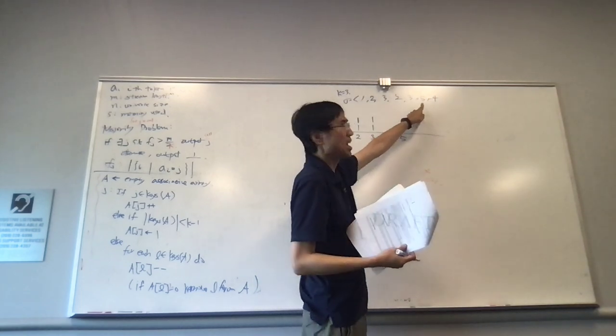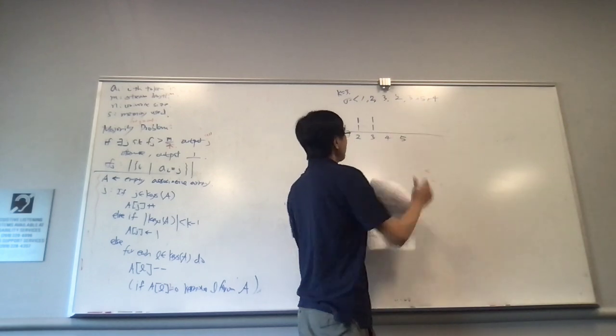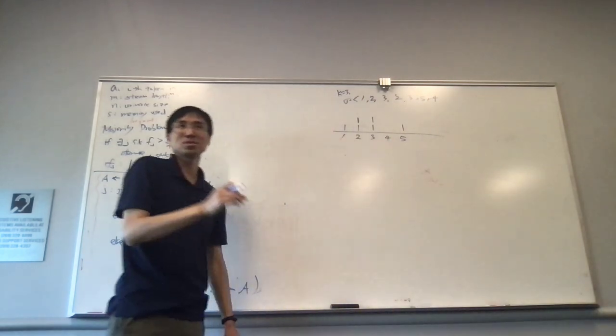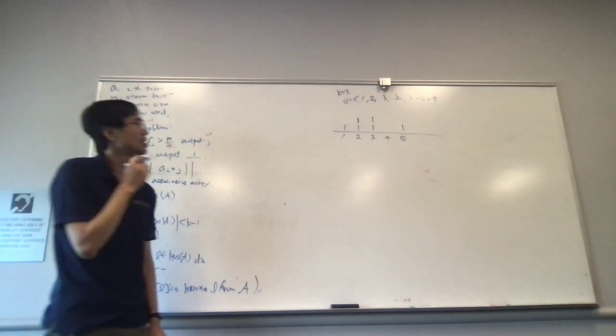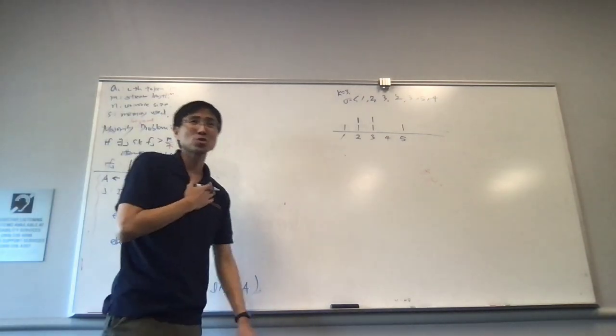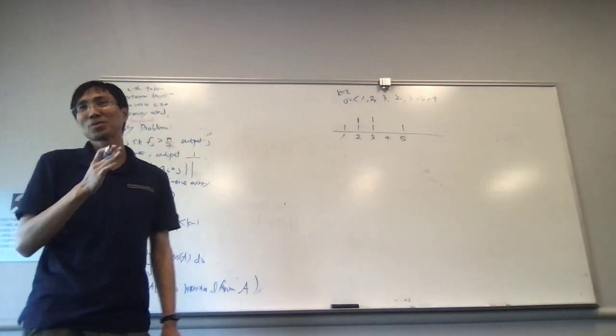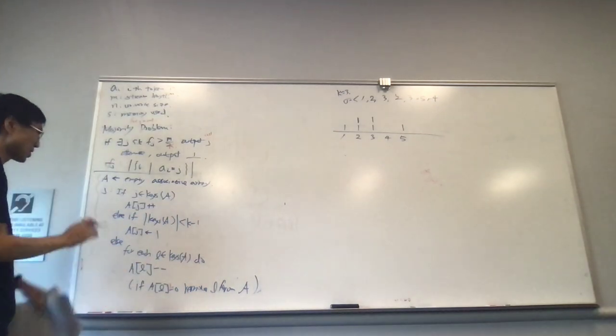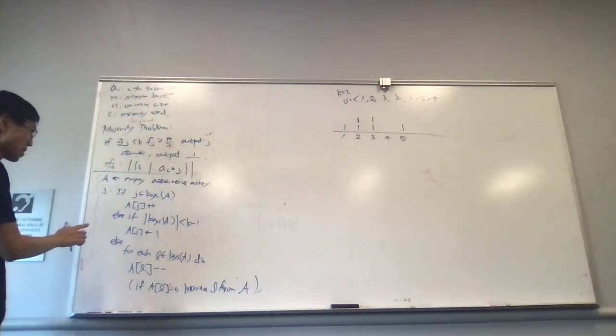Now I see element 5, and I have 4 elements whose counter is non-zero. But my goal is to maintain a small number of counters. So in this case, what do we do?